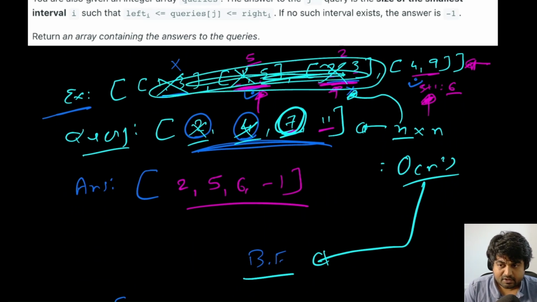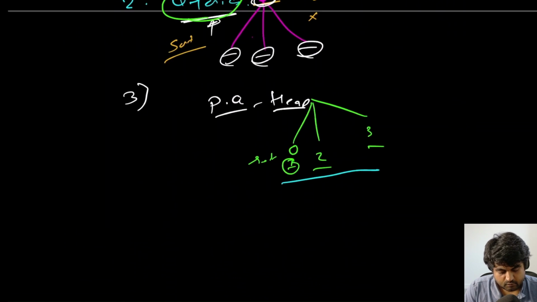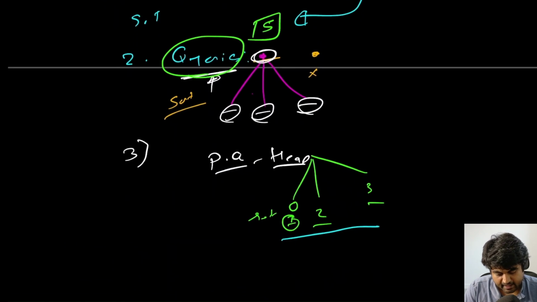So why keep these intervals in our priority queue? We don't. So whenever we process a particular query, we check which nodes inside the priority queue are irrelevant, and if there are any, we simply delete them.